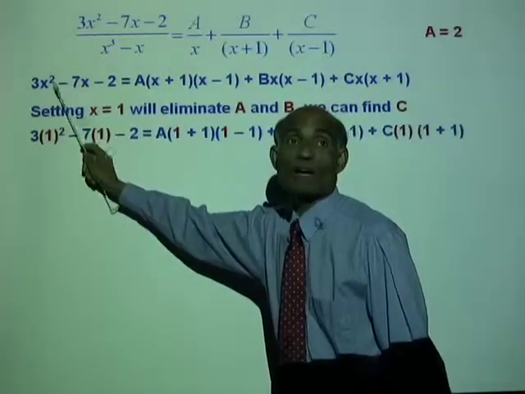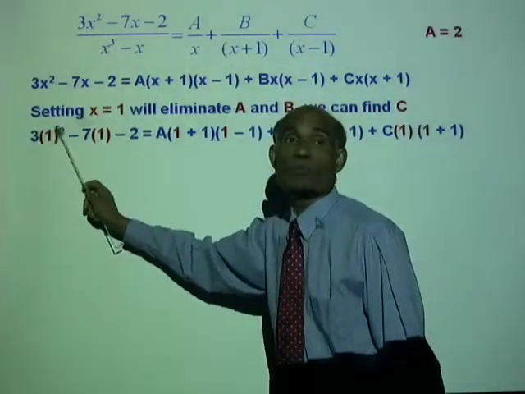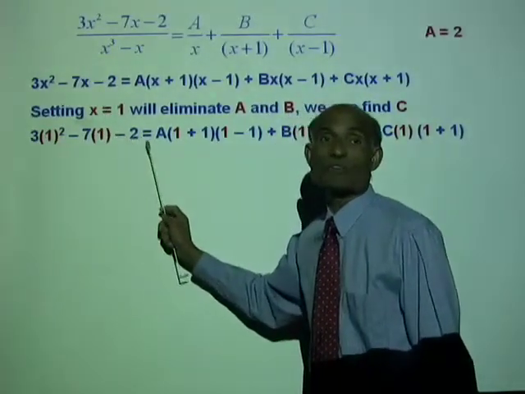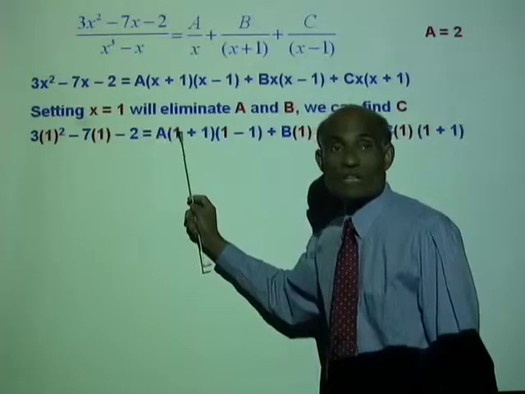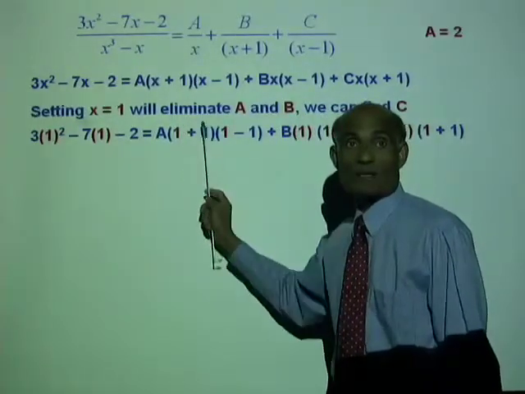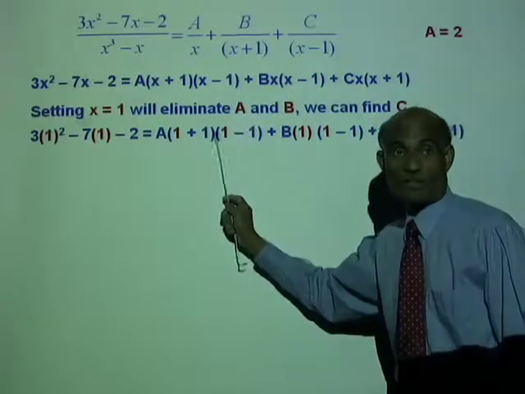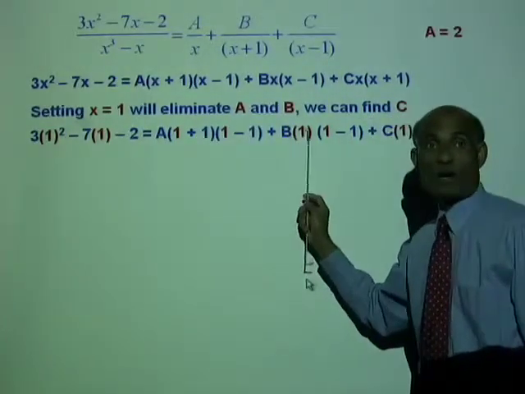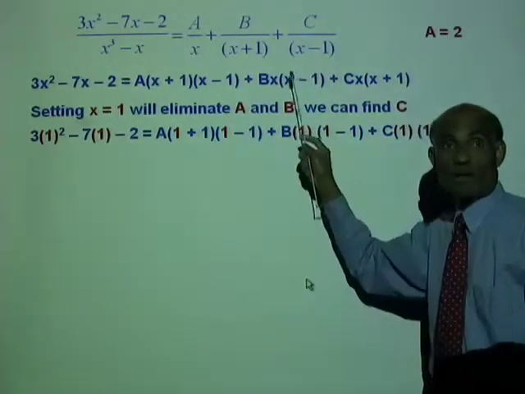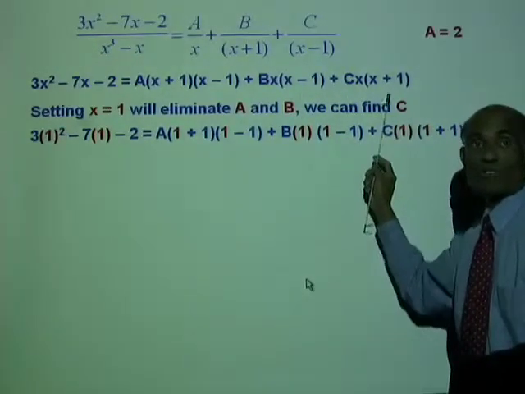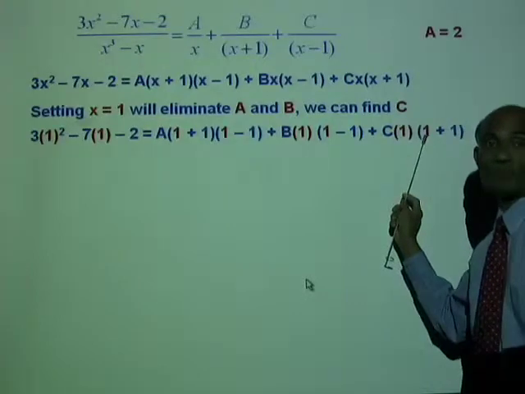Replace all x by 1. 3 times 1 squared minus 7 times 1 minus 2 equal to a times 1 plus 1 times 1 minus 1. Is that right? That will go to 0. b times 1 times 1 minus 1 plus c times 1 plus 1.